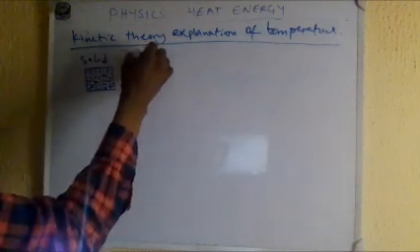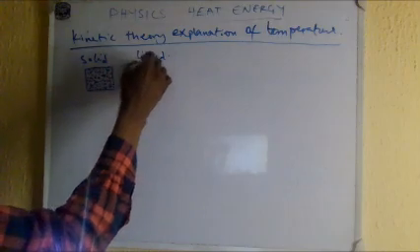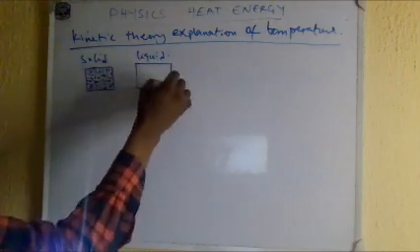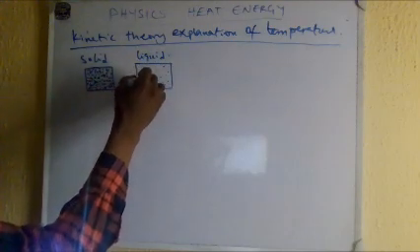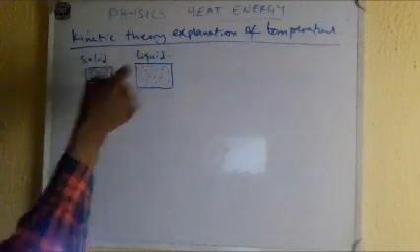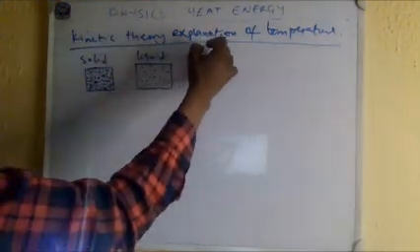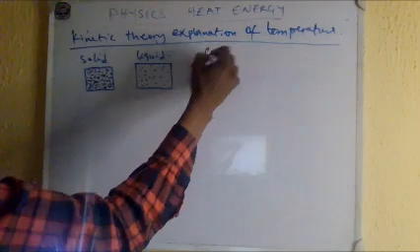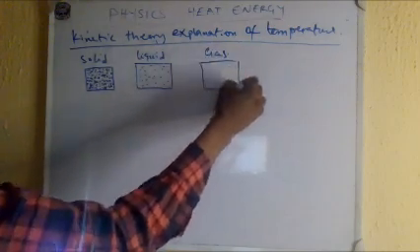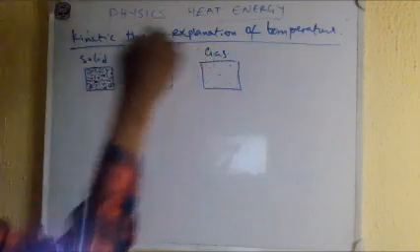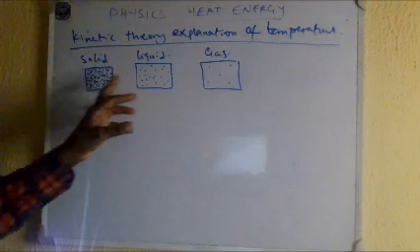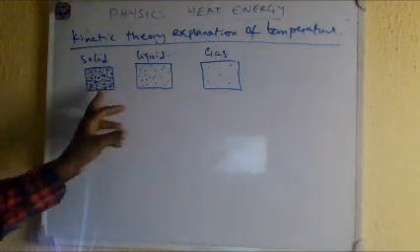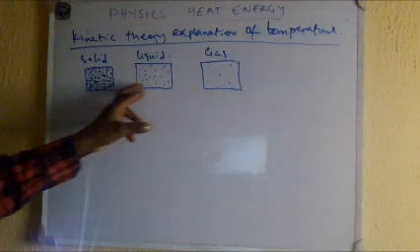Now this is liquid. For the liquid, the molecules are further apart than this one. And for gas states, you have something like this. So everything is represented relatively by the distance between two molecules.